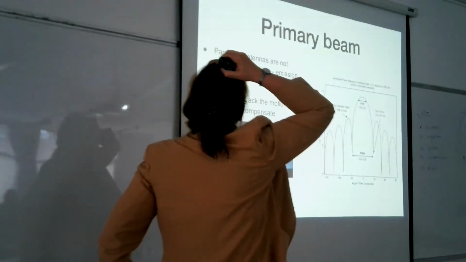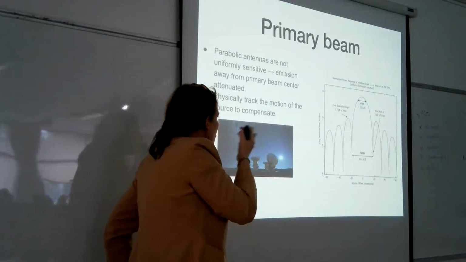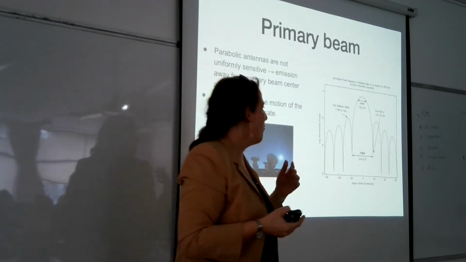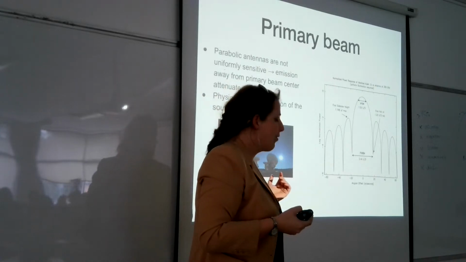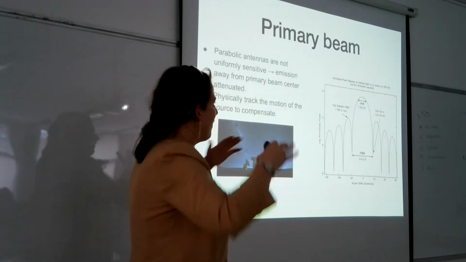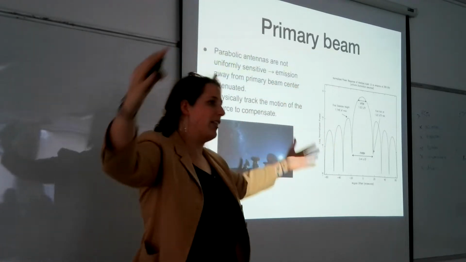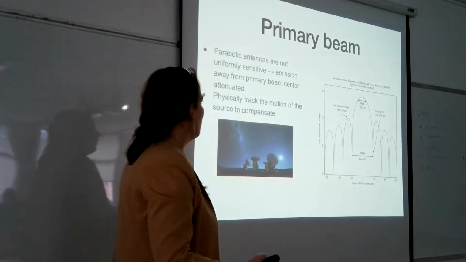Then, primary beam. This is not so much an interferometric thing. This is actually something that you may also know from other types of telescopes, is that your dish is not equally sensitive over the entire surface.